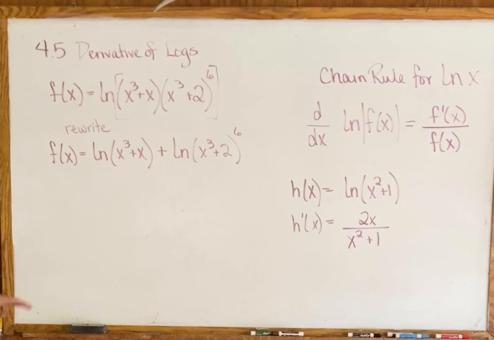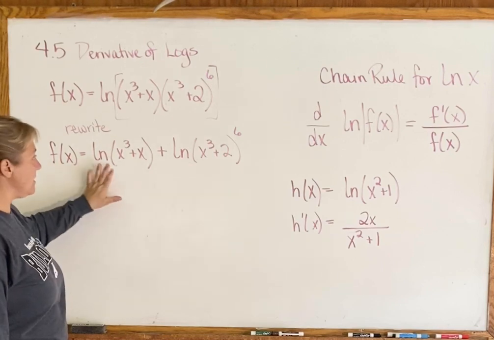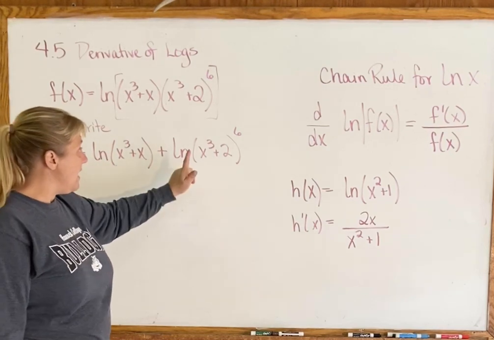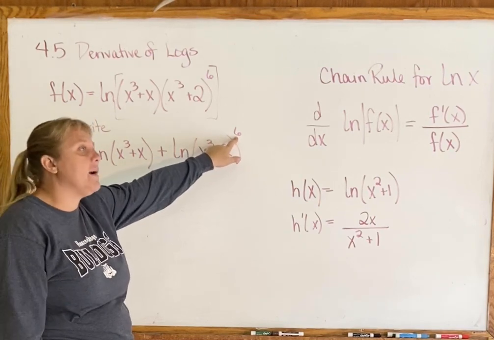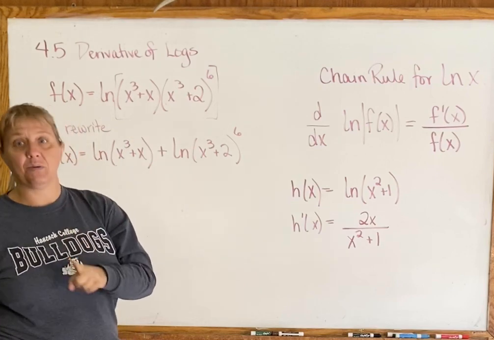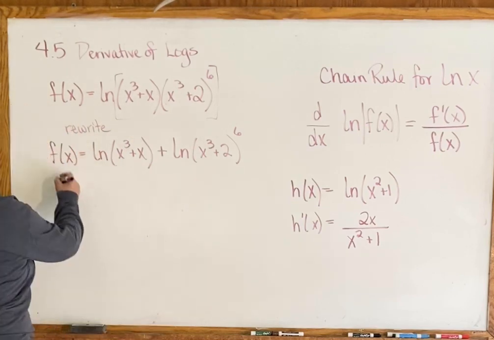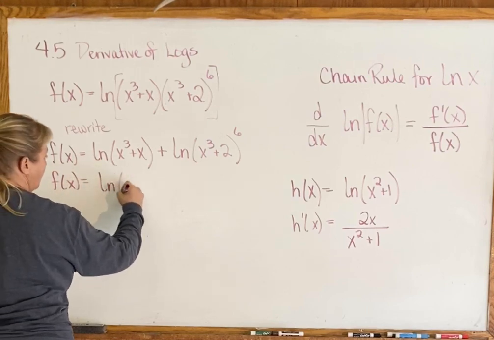Now all of a sudden this one looks a lot simpler, a lot more like the last example, and then we've got this one over here. This one still has a 6 up there, and at first glance, oh crap, there's still this chain rule to use, but we've got another property. Don't take the derivative yet.